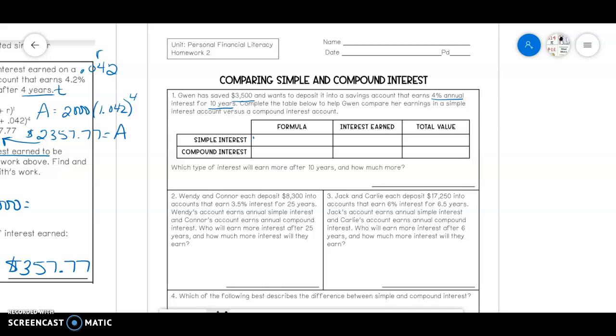So your formula for simple, again, I equals PRT, so we're going to say 3,500 times 0.04 times 10. For compound, though, it's going to be 3,500 times 1.04 to the 10th power. So we're going to plug both of these in. Now, when I solve this first one, I'm going to get interest earned, but when I solve the second one, I'm going to get the total value, and I think that's where some of you were messing up.